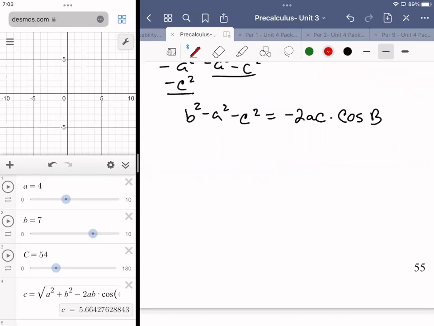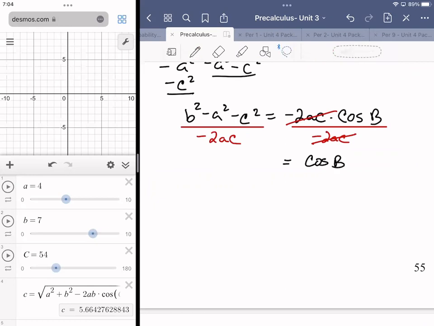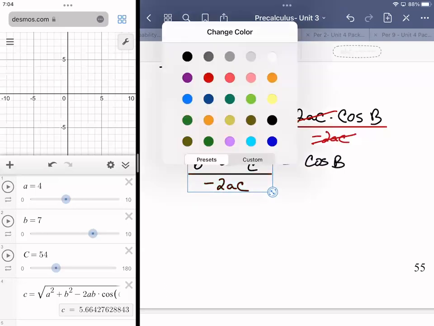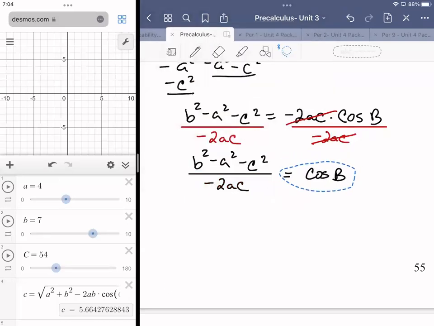I want to get the cosine of B alone, so I would divide out the negative 2AC. So I'd have cosine of B equal to, well, this whole expression, right? Now that's cosine of B. I want just B. If I want just B, I have to take the inverse cosine or the arc cosine of both sides of this equation.